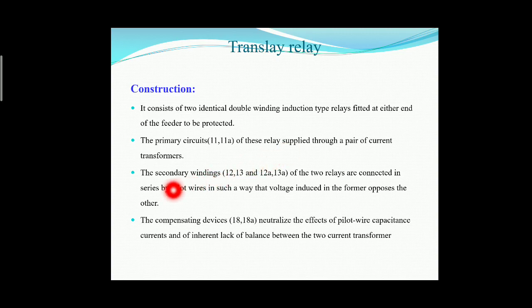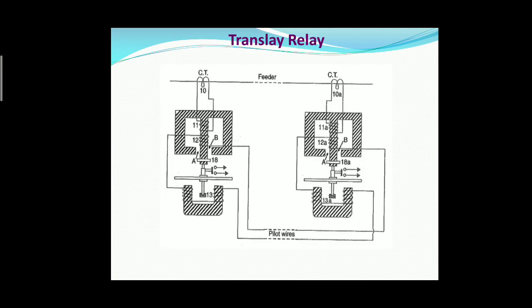The secondary windings 12, 13 and 12A, 13A of the two relays are connected in series by pilot wires. This is the 12 and this is the 13. The 12 is connected to this lower limb and 13 is connected to this 13A.